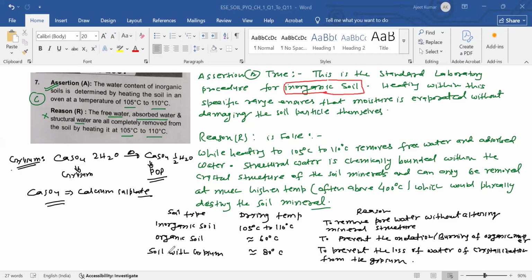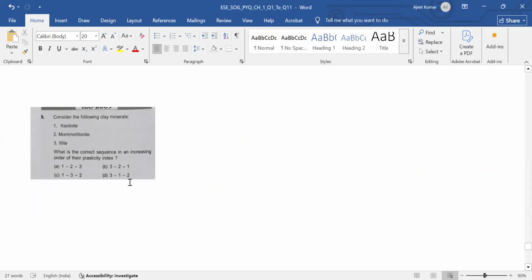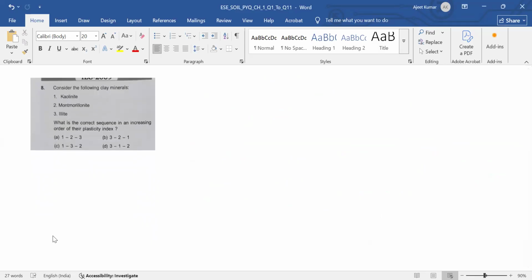Now we will move to the next question, question number 8. Consider the following clay minerals: kaolinite, montmorillonite, and illite. What is the correct sequence in increasing order of their plasticity index? This is similar to question number 5.